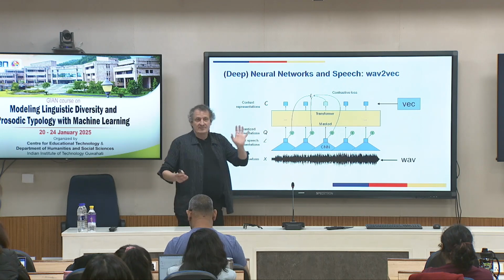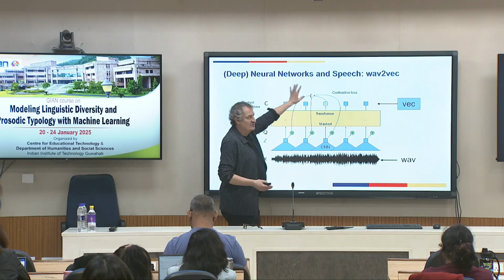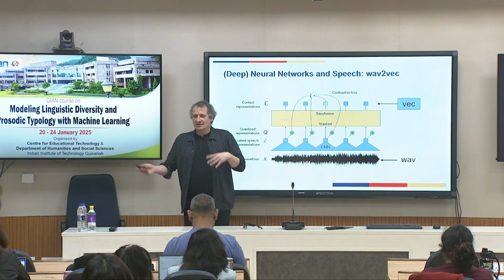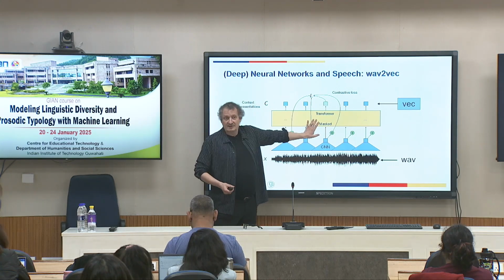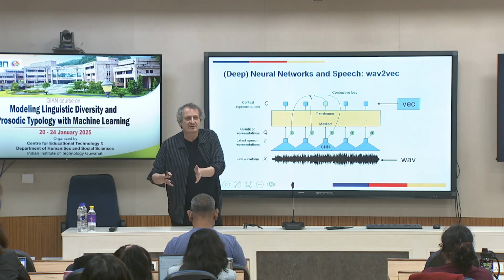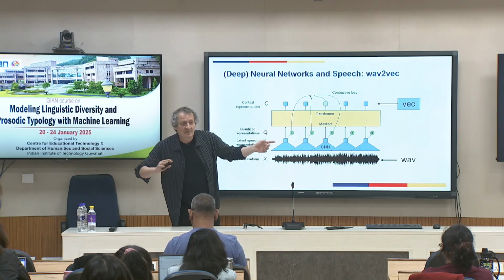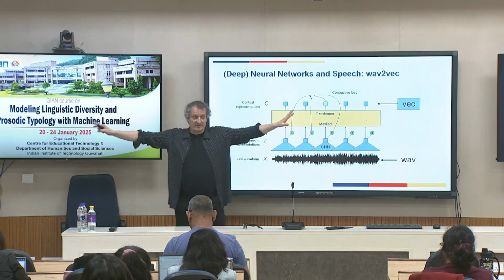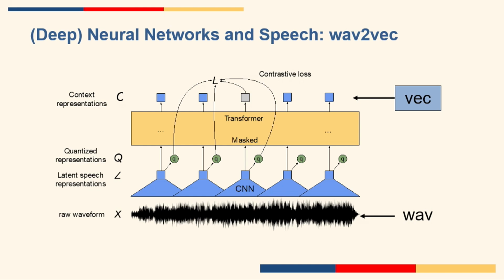You summarize them in latent representations, and then you train the network so that it can predict. You hide one of those latent representations for some particular portion, and you make sure that the network can use the other representations from the surrounding portion of the signal and predict what's actually missing, what was hidden.